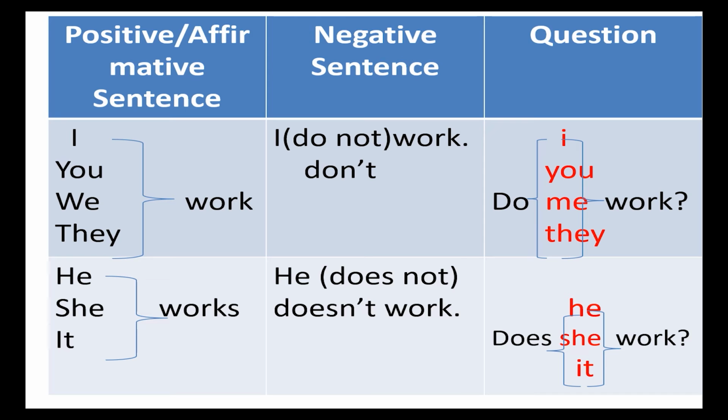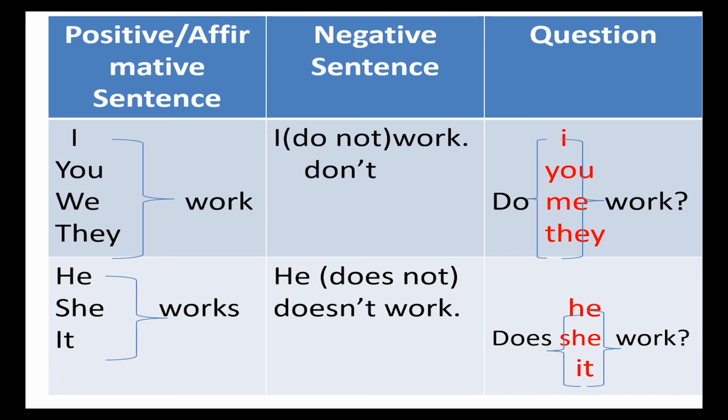Do not, or does not. I do not work. We can make do not, in short, don't. We have to contract here. So he does not work. Here we can again shorten the form. Instead of does not, we can use doesn't.